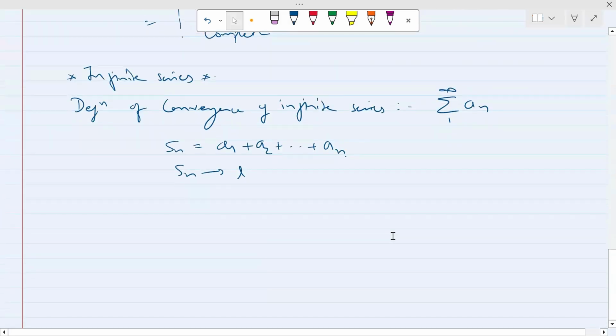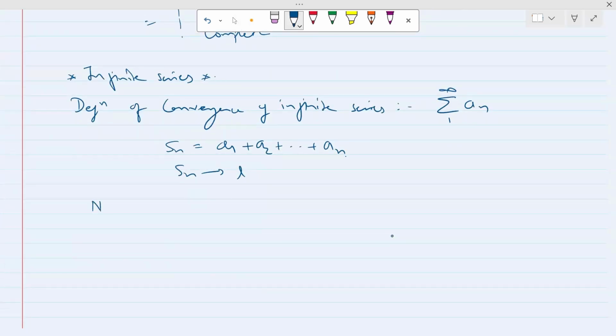And the sum of that infinite series is L. Then we have the necessary criterion, the most important result in the case of series. If summation an converges, then an goes to 0, the nth term of the series goes to 0.